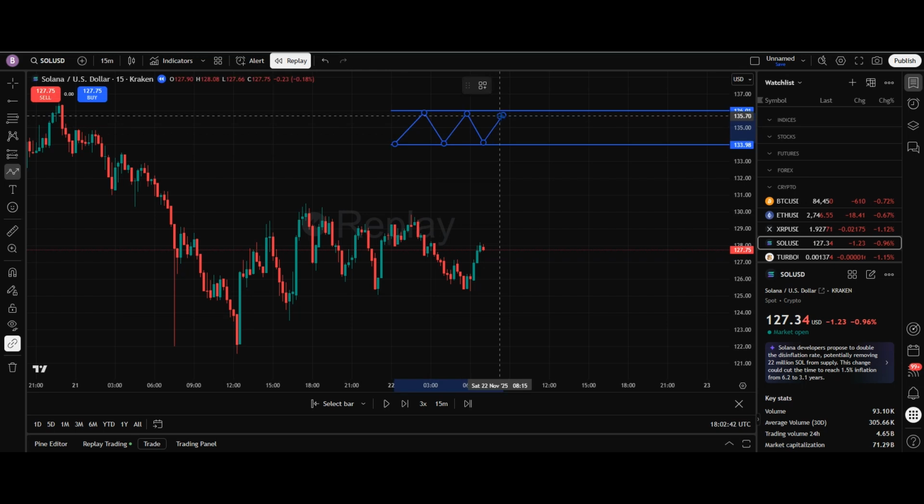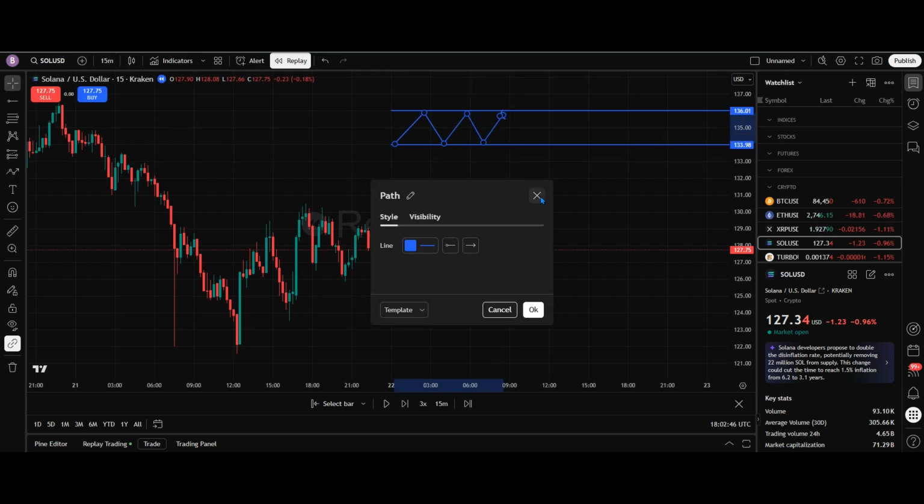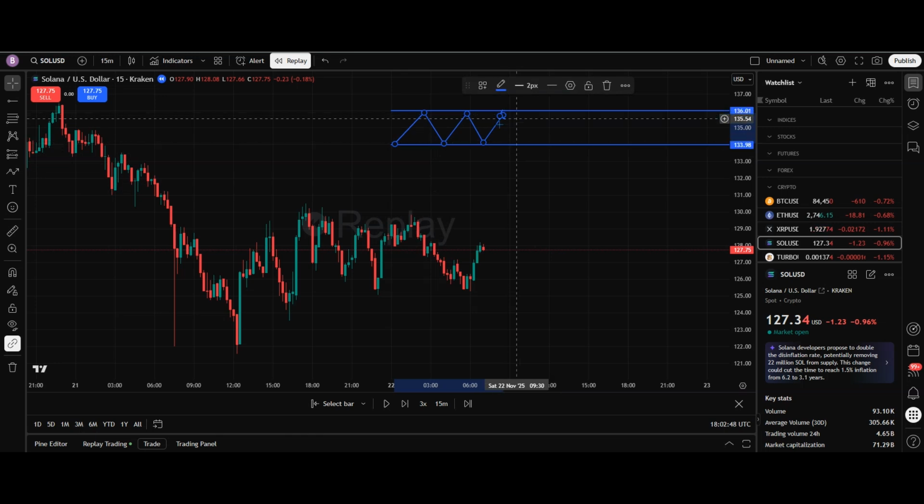So this is why we refer to support and resistance as the floor and the ceiling, because essentially what's happening is that buyers are stopping sellers from going lower, below the support, below the floor. Sellers are stopping buyers from going higher, above the resistance line, right? So that is a quick high-level overview of basic support and resistance concept.